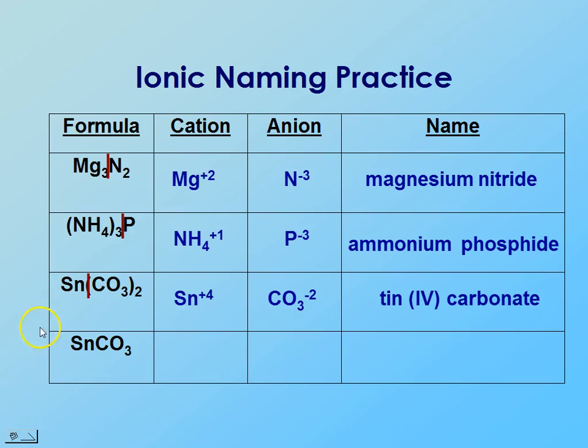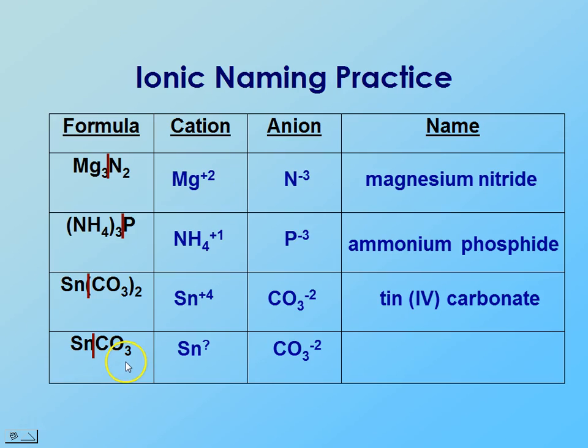And now in our last example here, again, we're going to split it after the Sn. We're going to assume we don't know what Sn is just yet, but we know that CO3 is the polyatomic, and even though there aren't parentheses this time, anything after that metal or ammonium has to be a part of the anion. So if we know that Sn is our cation, CO3 has to be the anion, and that means it's going to be carbonate.